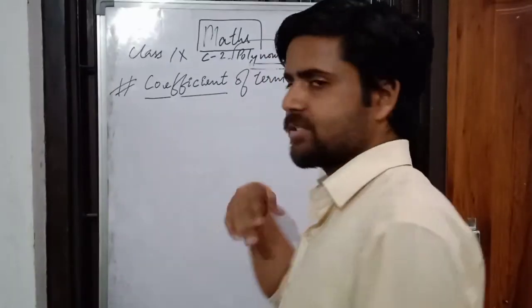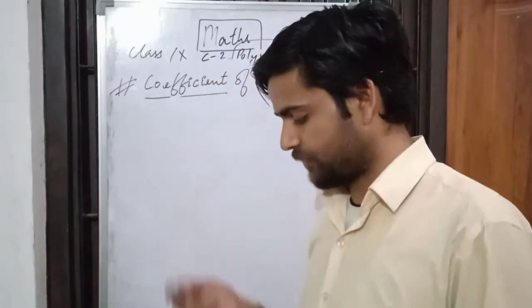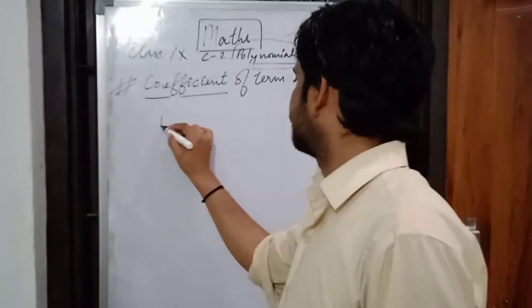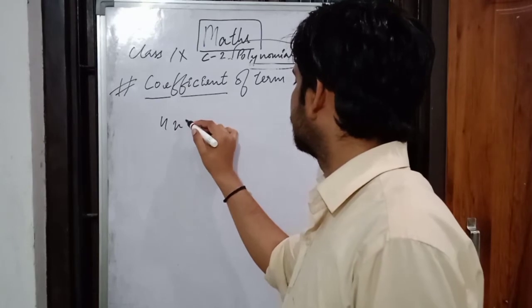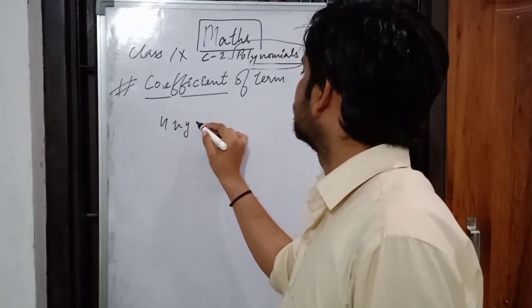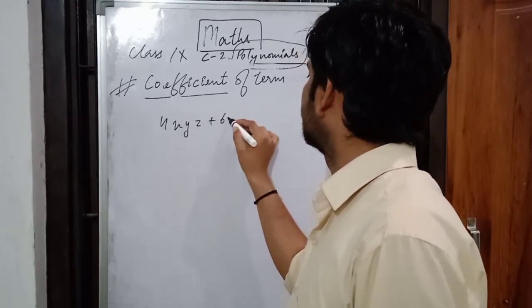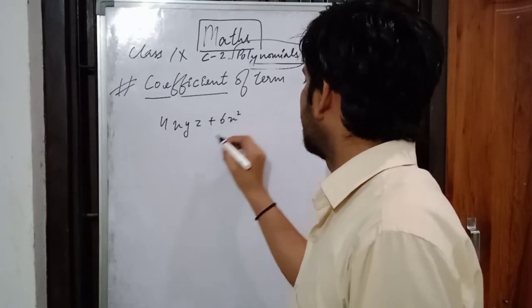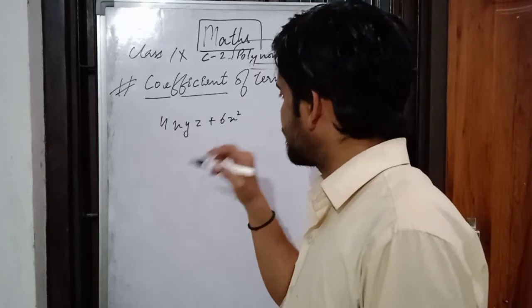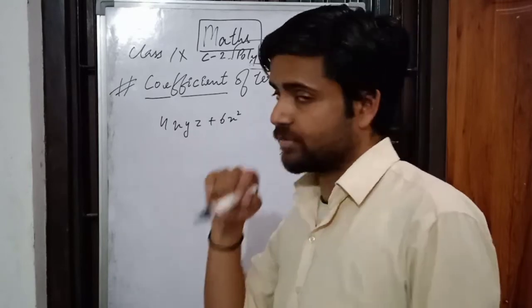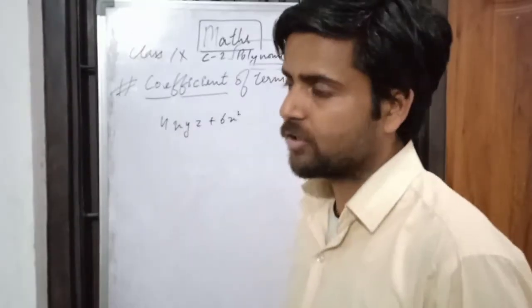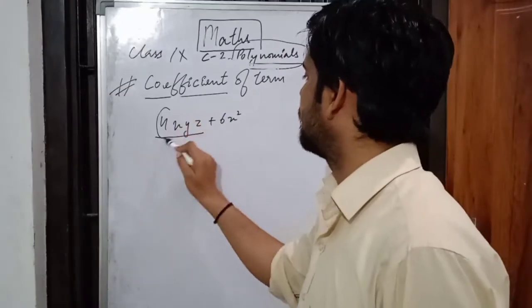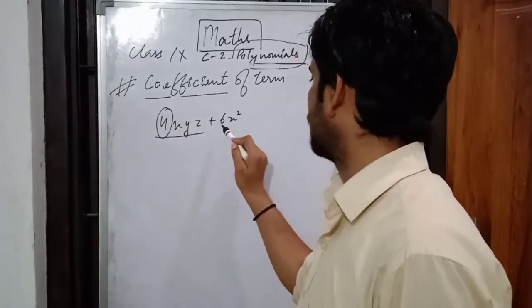So coefficient, let's do this coefficient and then we'll come to polynomial. If I ask you what is the numerical coefficient of this term, you will directly say 4. What is the numerical coefficient of this term?